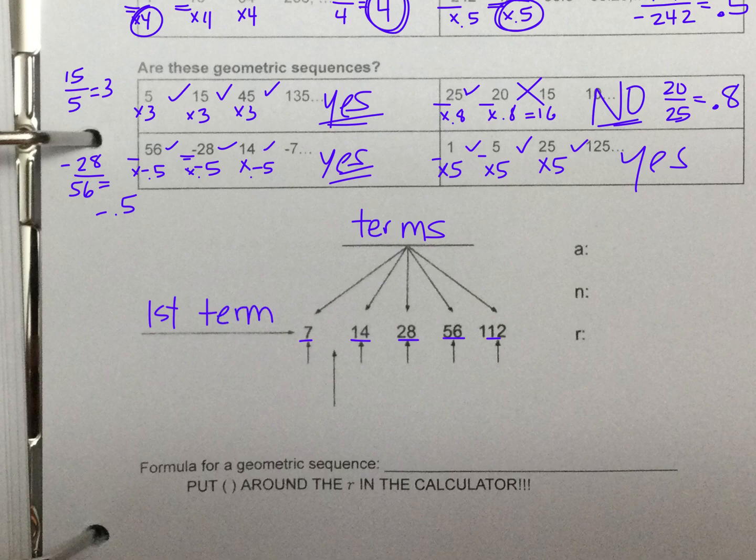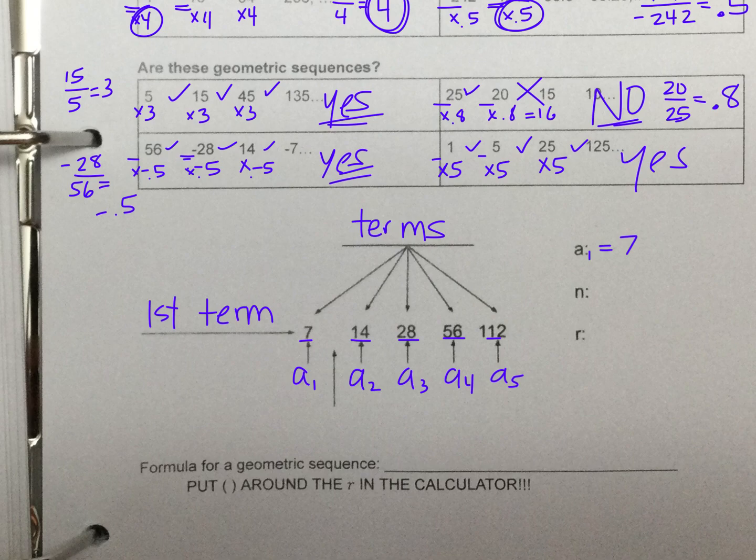And because we don't want to have to write the word term over and over, we give them short little names. This guy's A1, this guy's A2, A3, A4, and A5. And then you could go on and on to A bajillion. Okay? So I'm going to make that our A1. We know that is a 7.